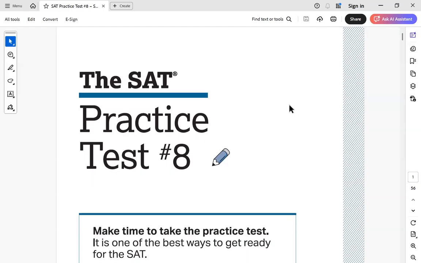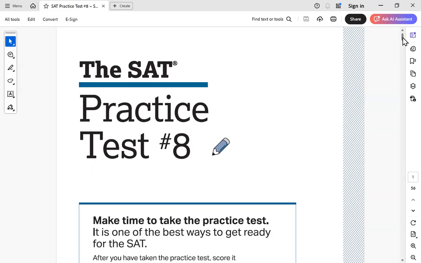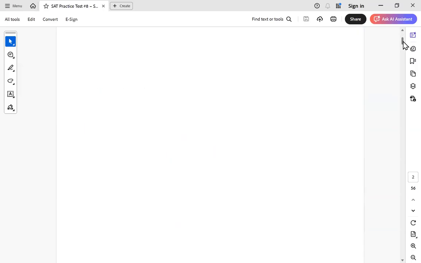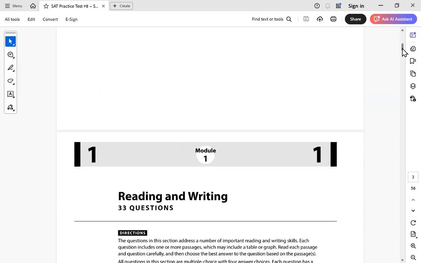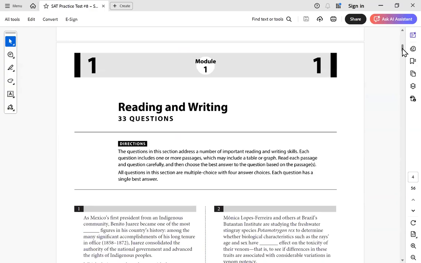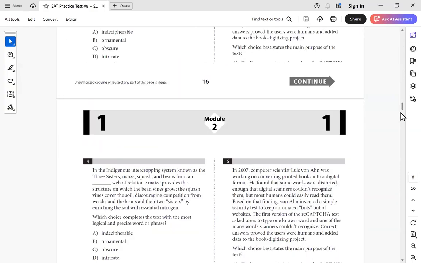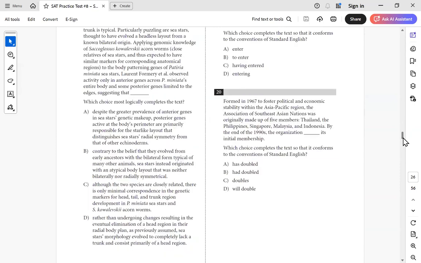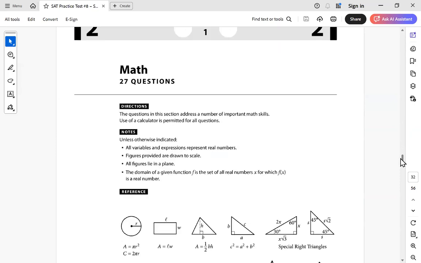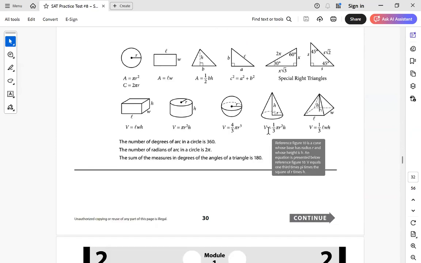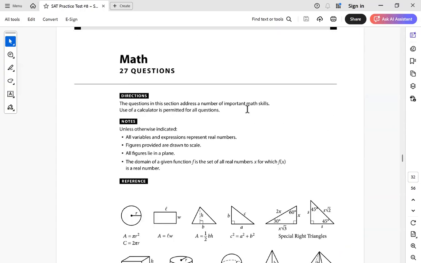Once you download practice test number 8, then you'll get this. It starts out with some reading and writing modules, and then it has the math modules. When you get to page 30, the math modules start.